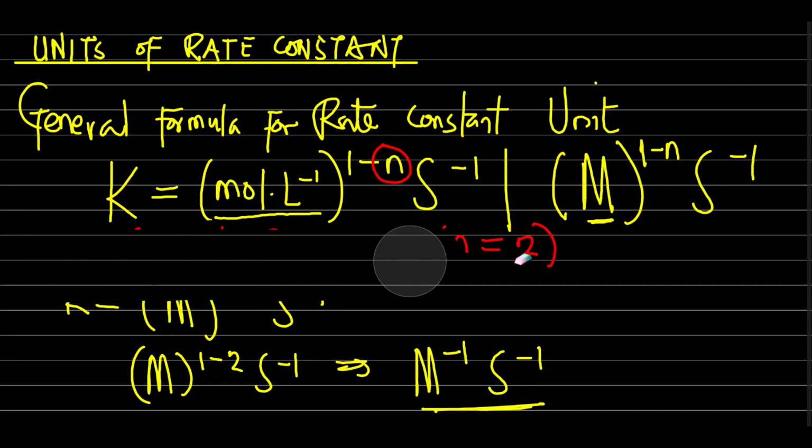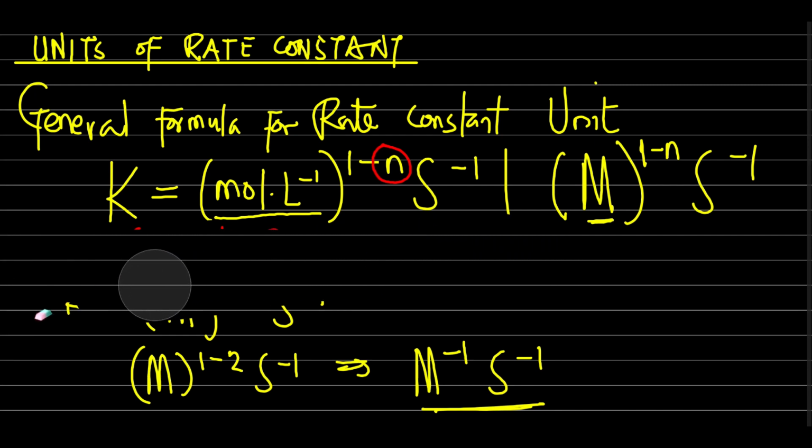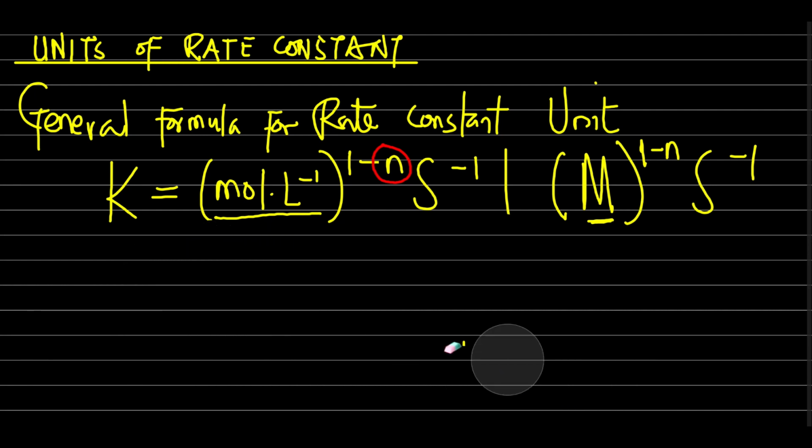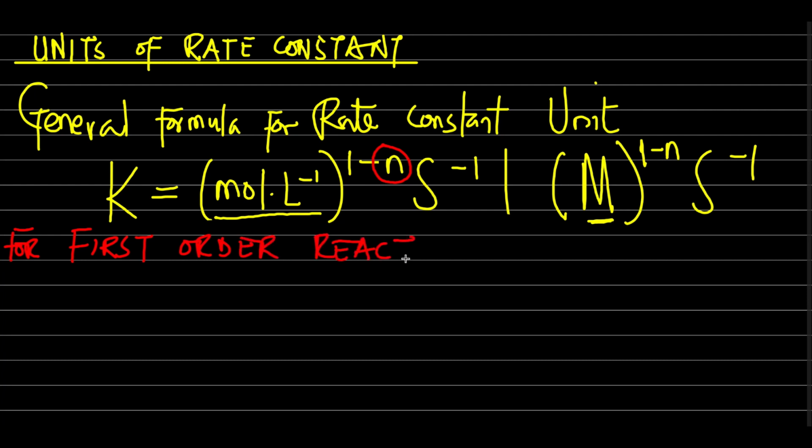Let's look at that of a first order reaction as well, before we finally move down to that of a zero order reaction. So we'll say for first order reaction, the N here will be equal to 1.